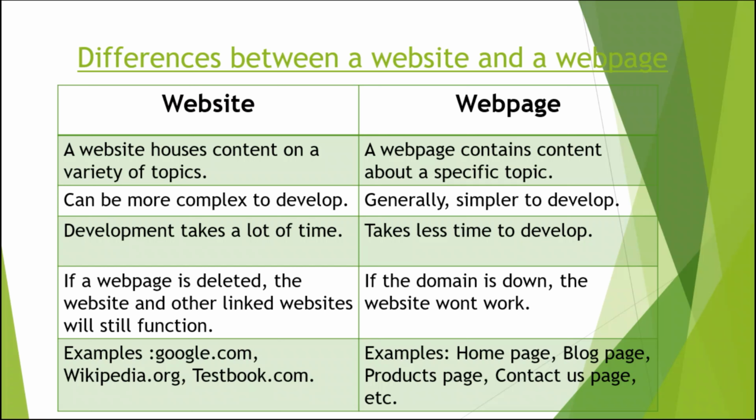But on a web page of biology, you could just have one and a half or a maximum of 2 pages, or just one topic. And the development of a website takes a lot of time. The harder it is, the more time you have to spend on it for you to actually do it properly. While a web page takes less time because it is simpler than a website.